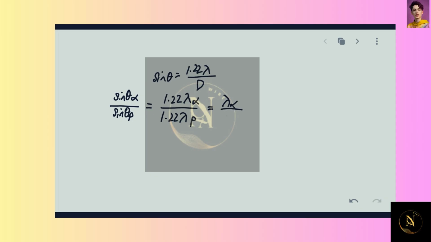So now we just have a simple ratio between the wavelengths and the diameter of the hole is gone. Very simple to get the wavelength.